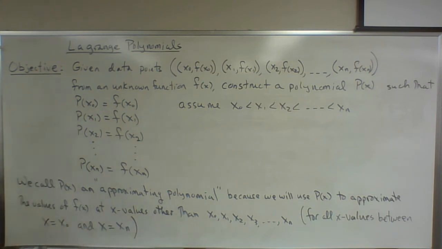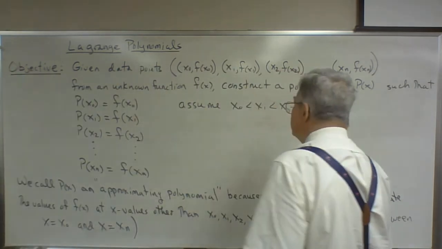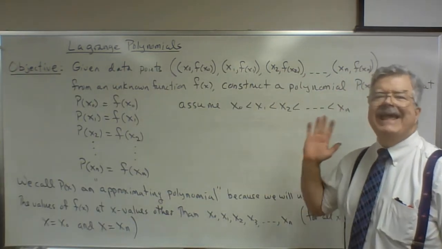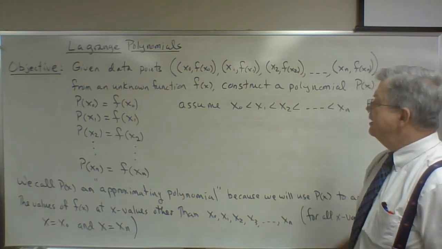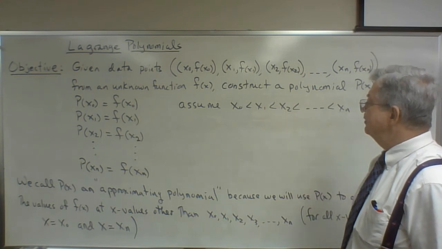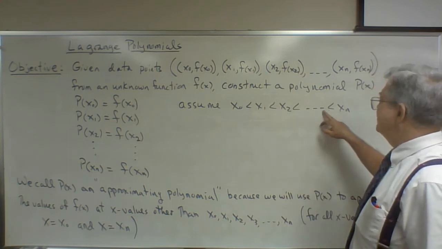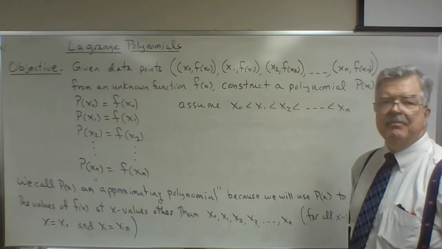So our approximating polynomial should give us good approximations for the f of x value between x naught and x1, between x1 and x2, between x2 and x3, between x of n minus 1 and x of n.